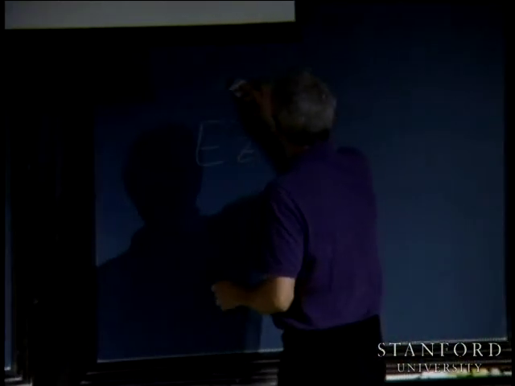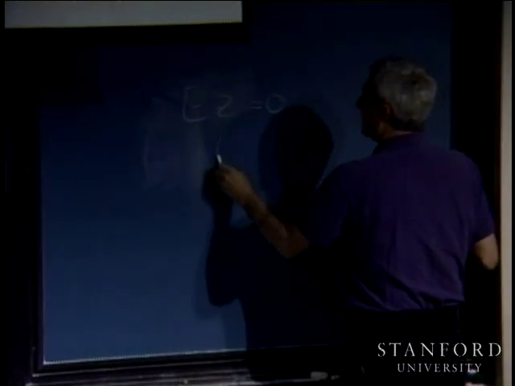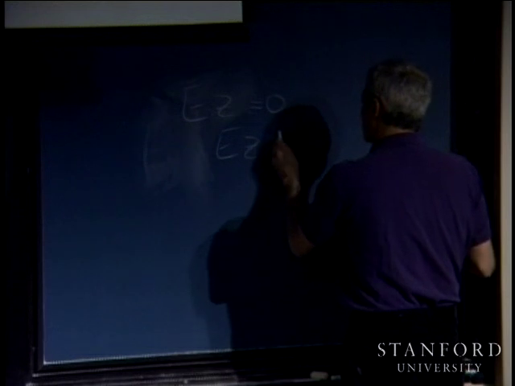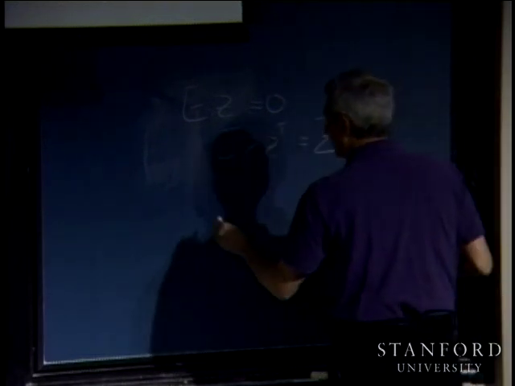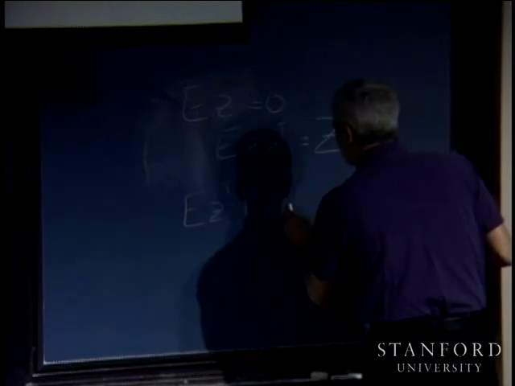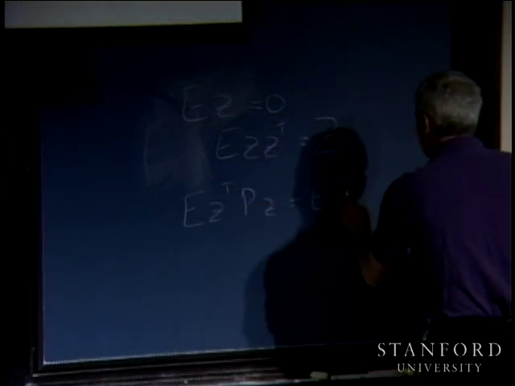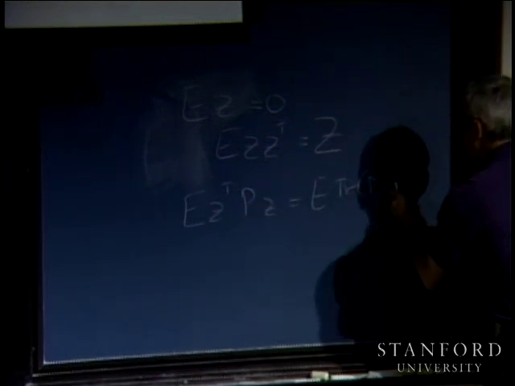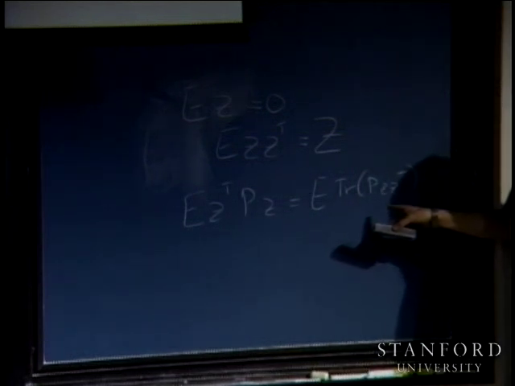If I have the expected value of z equals 0 and the expected value of z z transpose equals capital Z, then the expected value of z transpose P z, you write it this way. The first thing you do is rewrite this as the trace of P times z z transpose, which looks kind of pedantic and weird here.